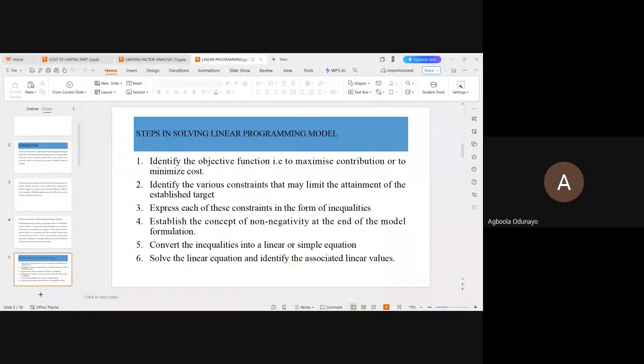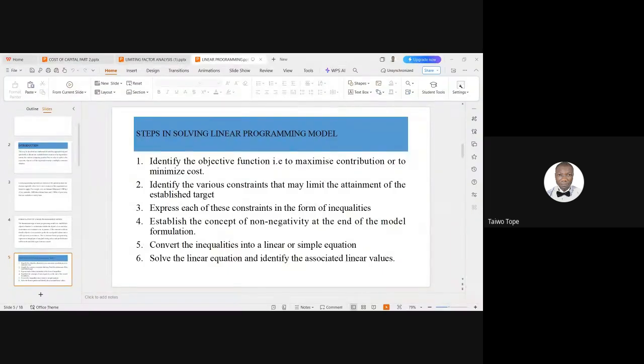Greater than or equal to. Yes. Now, the point is this: an inequality indicates a restriction or limitation.